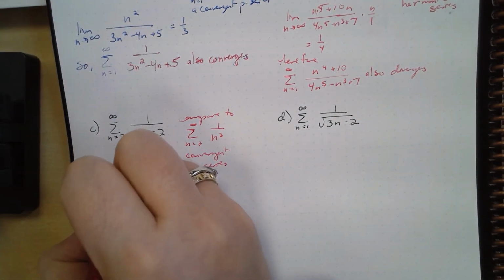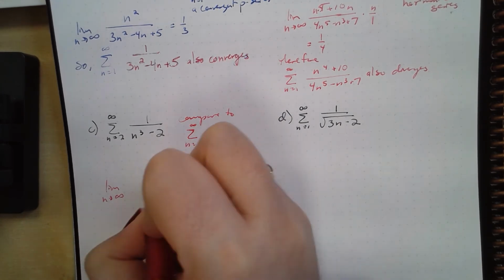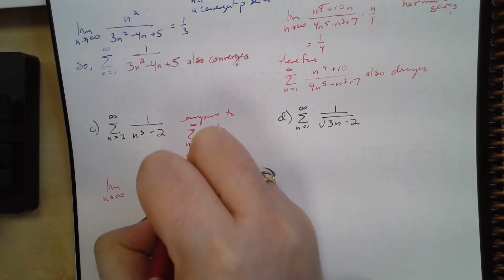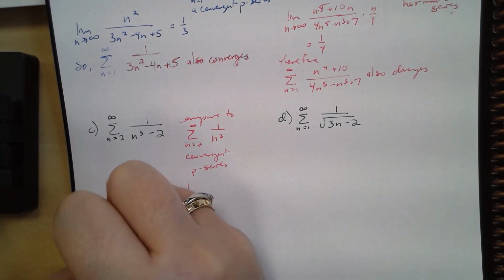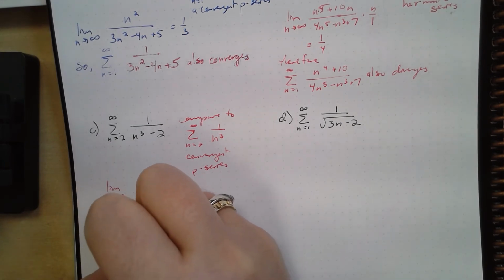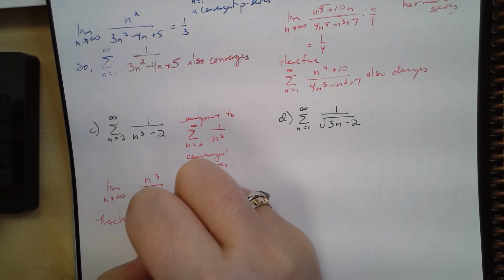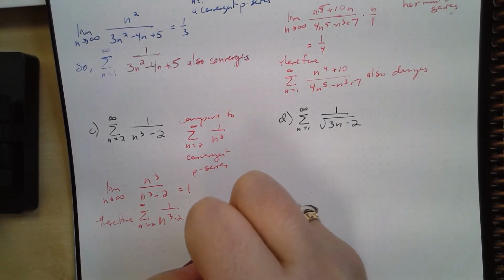So if I get my limit as n approaches infinity, if I divide this, I'm going to end up with n cubed over n cubed minus 2. Well, that's equal to 1. That's finite and positive. Therefore, our original sum of 1 over n cubed minus 2 is also convergent.